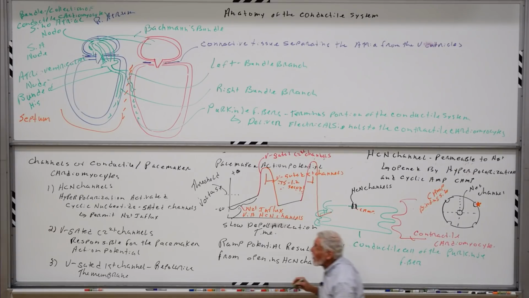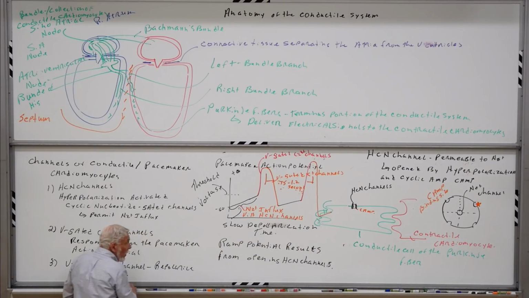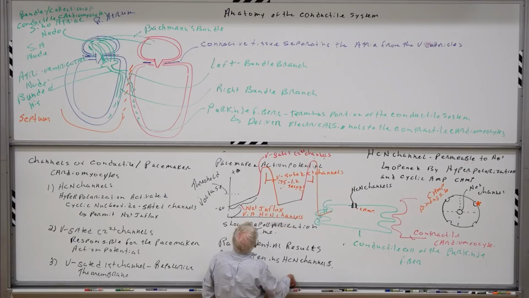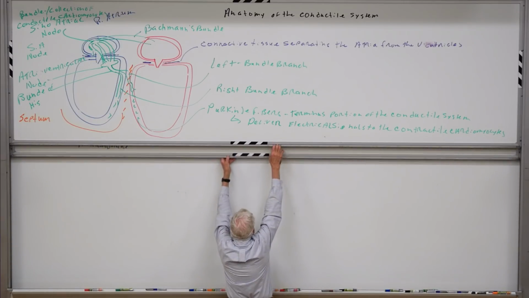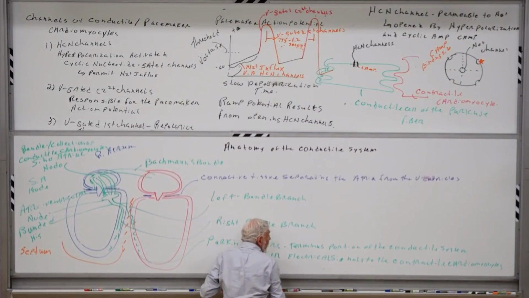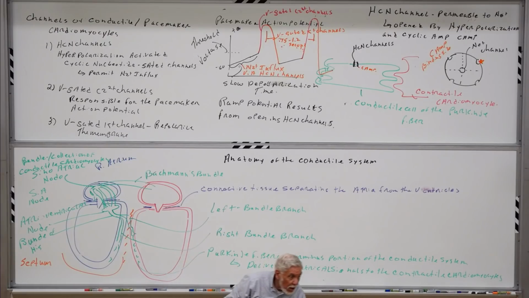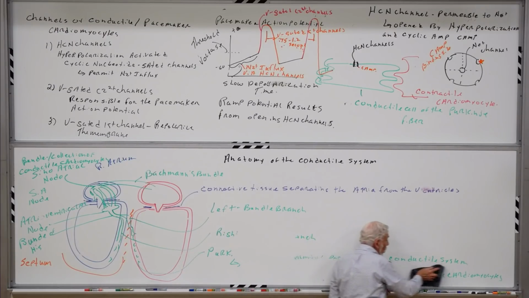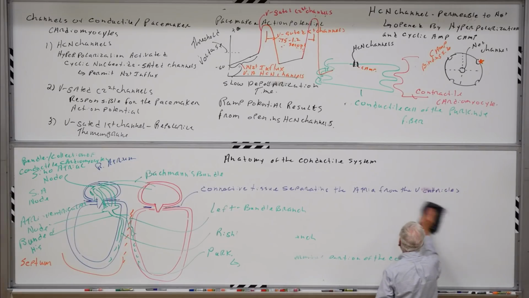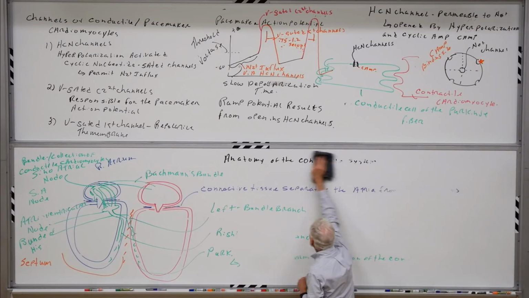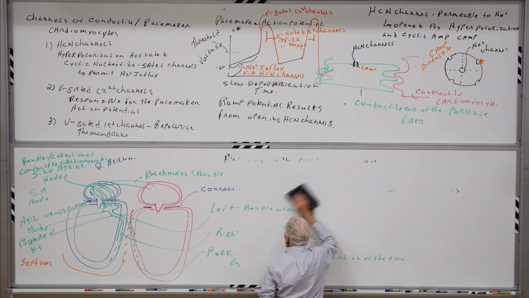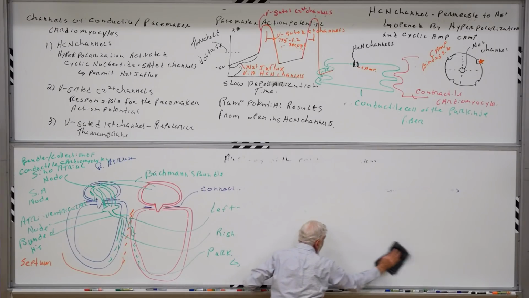In the last few minutes, what I want to do now is change gears just a little bit and talk about the electrical characteristics, I'll do this in this panel, of action potentials in the contractile cardiomyocytes. Now, the way I'm going to describe this is in an ideal world where we have those conductile cardiomyocytes separated functionally from the contractile cardiomyocytes.